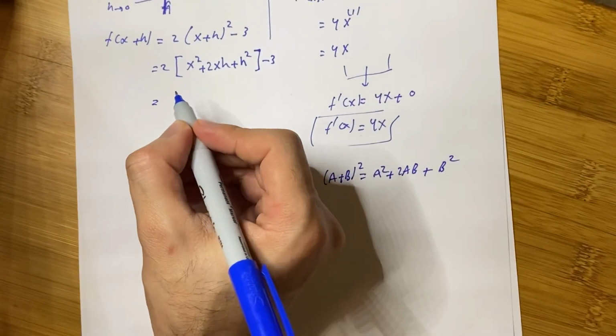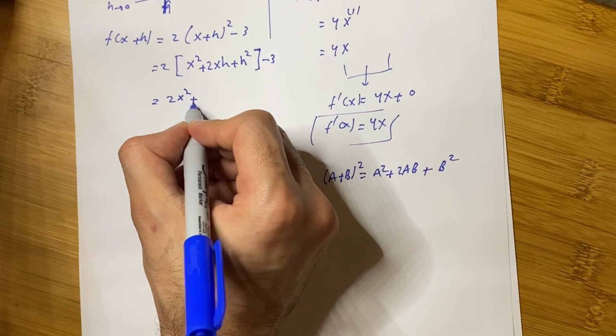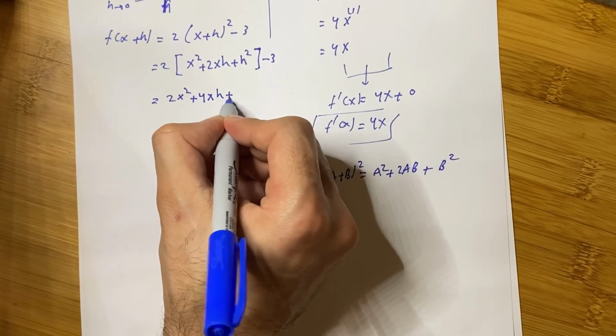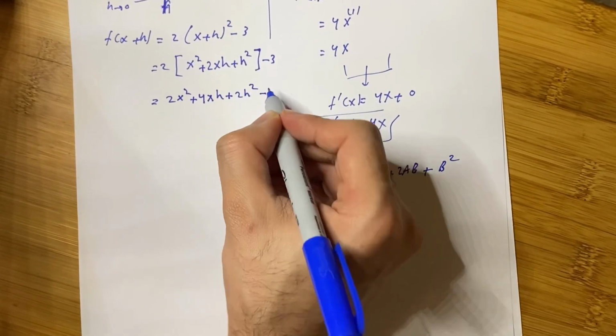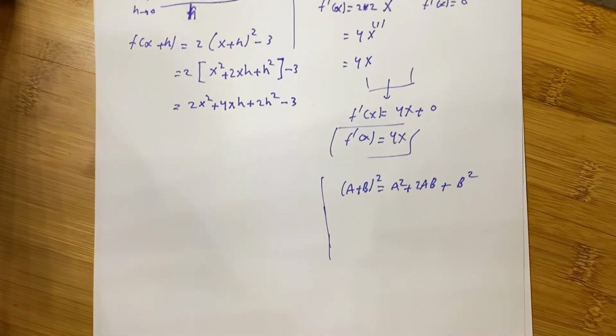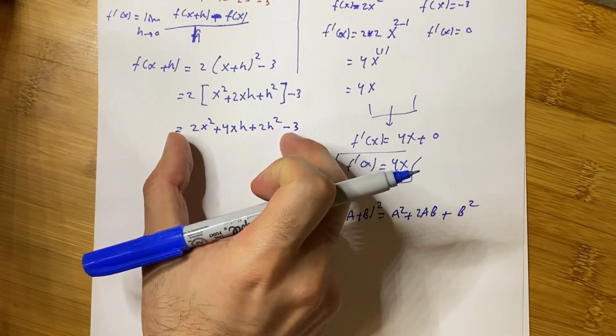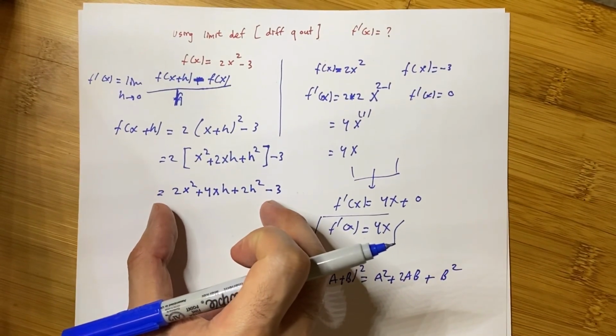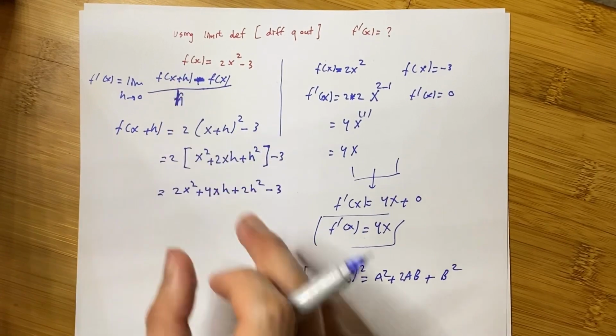Let's expand. That will be 2x squared plus 4xh plus 2h squared minus 3. Okay, so now we will use this term instead of this term.